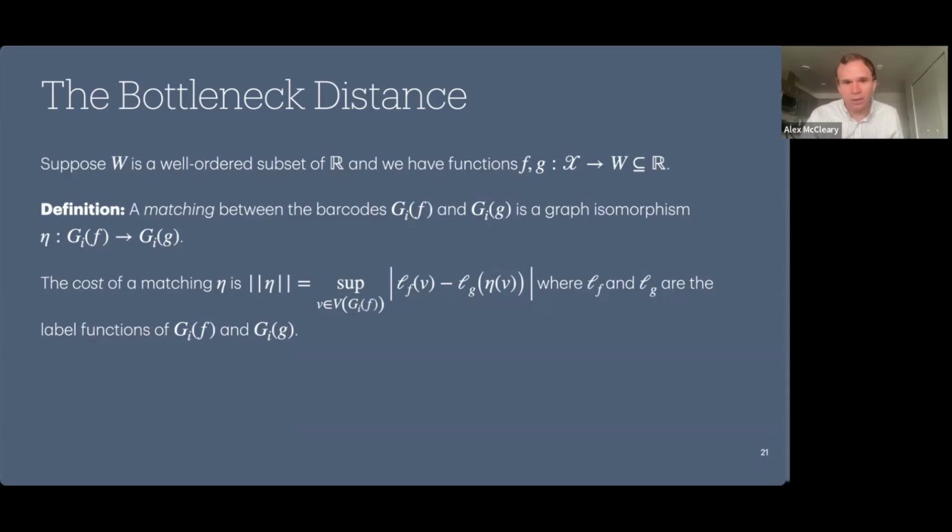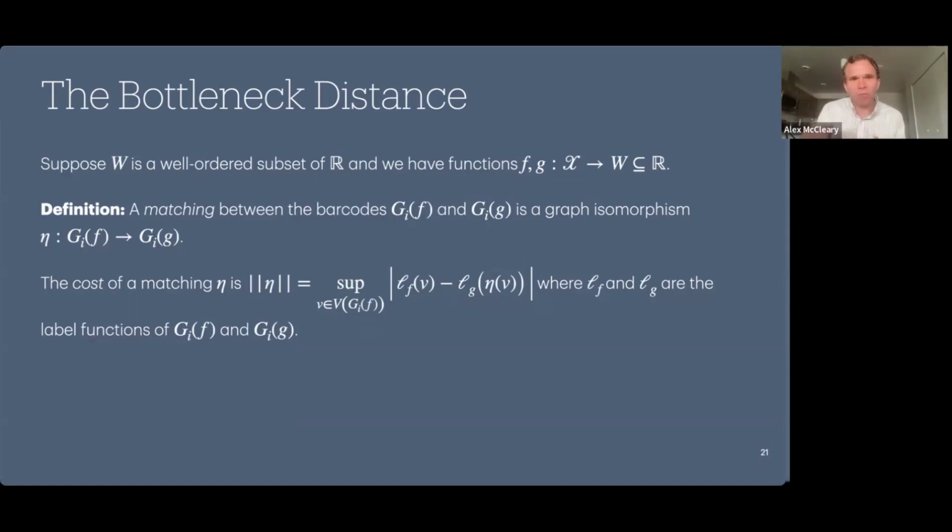We'll let L sub f be the label function for the barcode of f, and L sub g the label function for the barcode of g here. Once we have this matching, we can define the cost of a matching as basically looking at the difference between points.